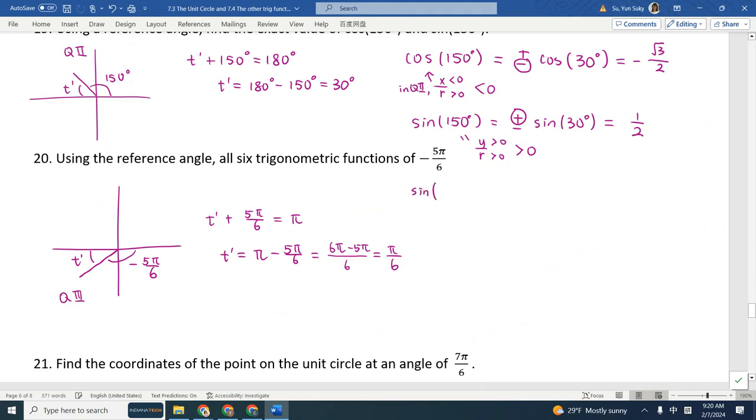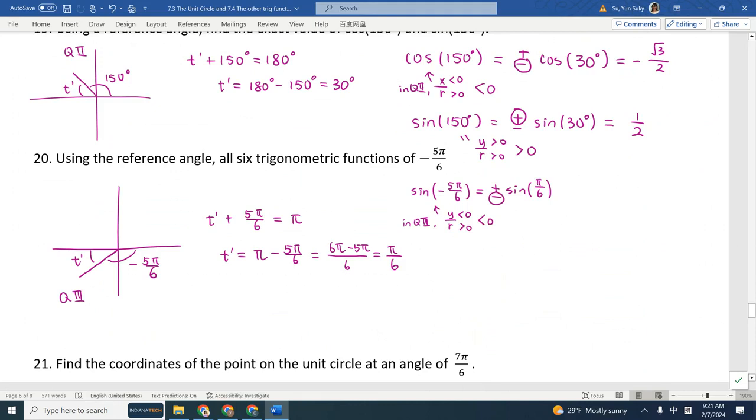Sine negative 5 pi over 6 is going to be plus or minus sine of the reference angle. And sine is what? Y over r. In quadrant 3, your y is positive or negative? Negative. Your r is positive. So the whole thing is negative.